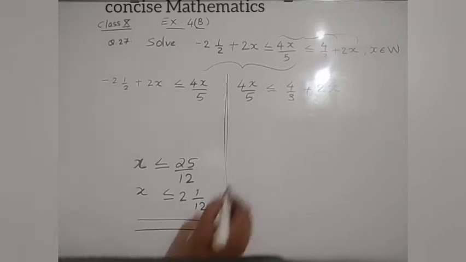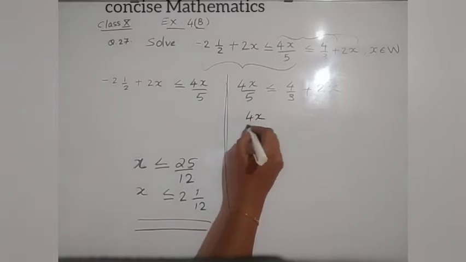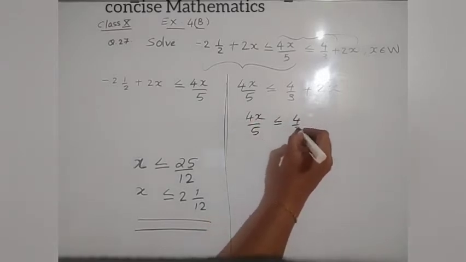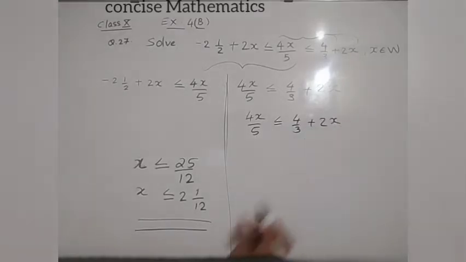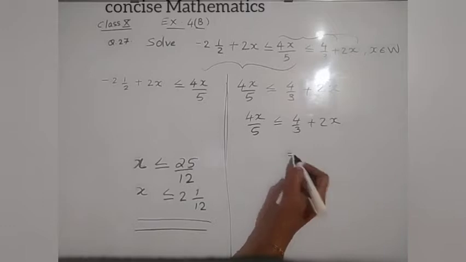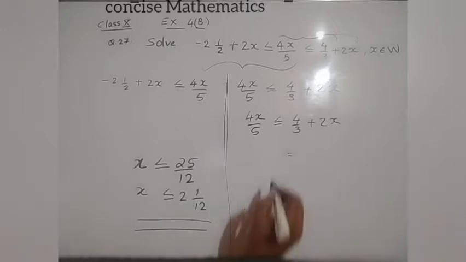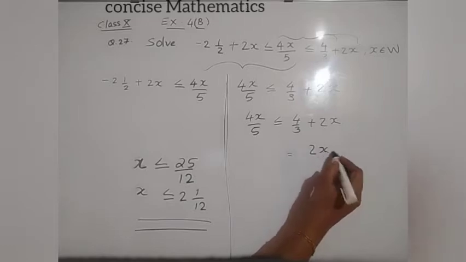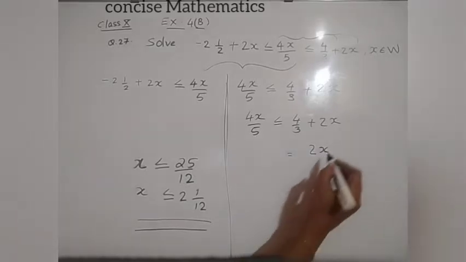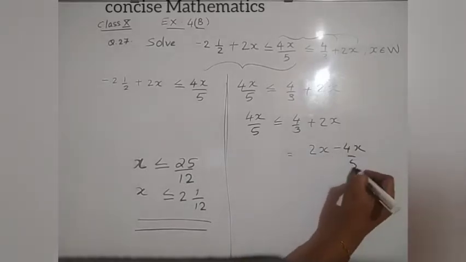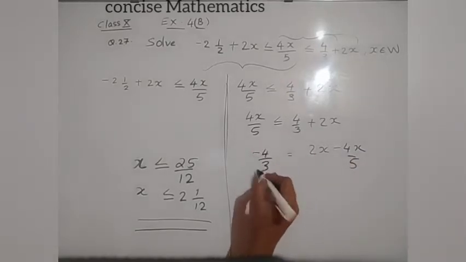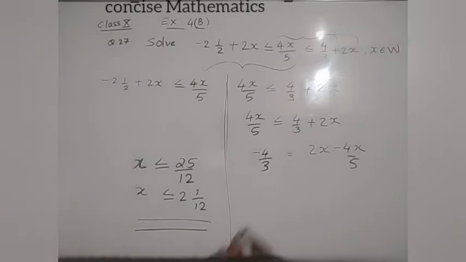Now the second portion: 4x by 5 less than or equal to 4 by 3 plus 2x. We write 4x by 5 to the right side along with 2x, so 2x minus 4x by 5, and the 4 by 3 goes to the left side as negative 4 by 3.